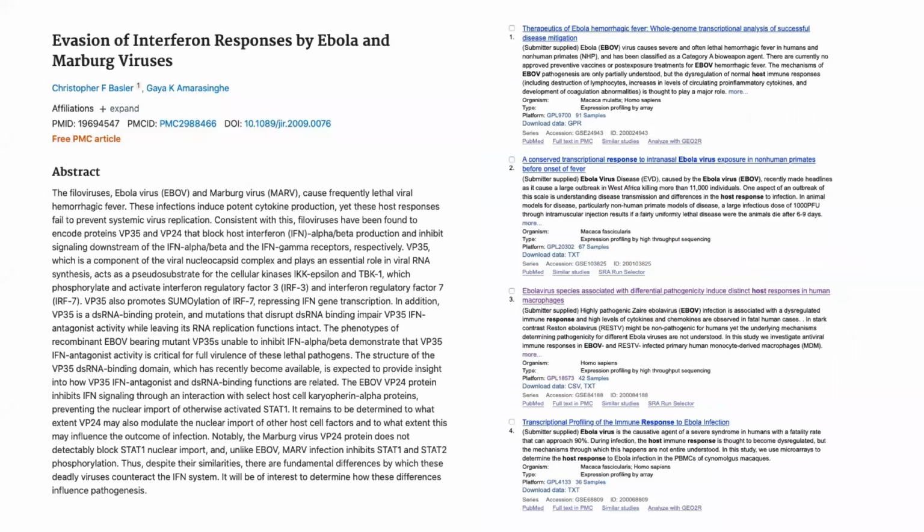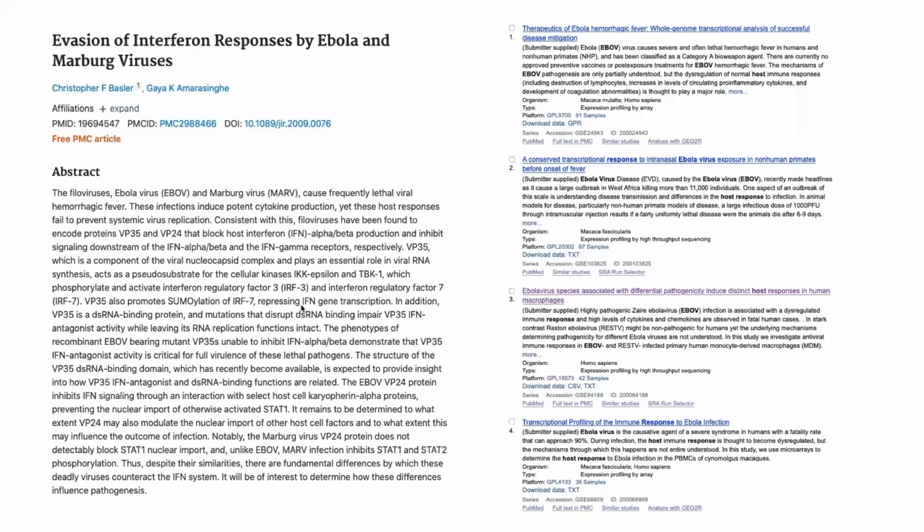Finally, we do have an example that is non-COVID related here. You can see, for example, similar strategy employed by Ebola virus, evasion of interferon response by Ebola and Marburg viruses. So both of those cause death, but Ebola is much more pandemic, it spreads much more.